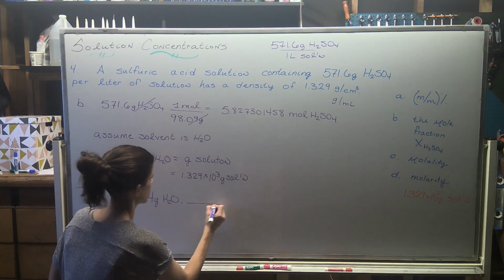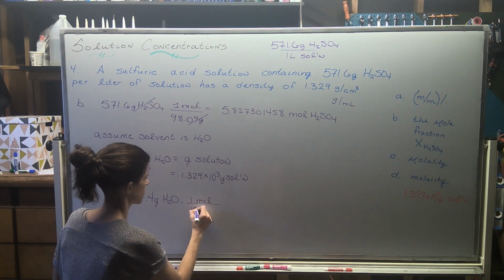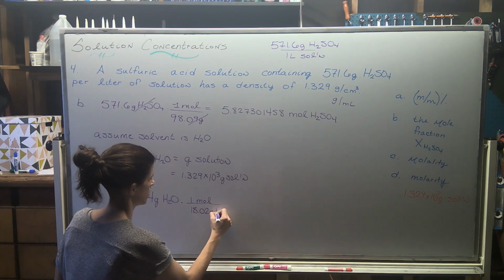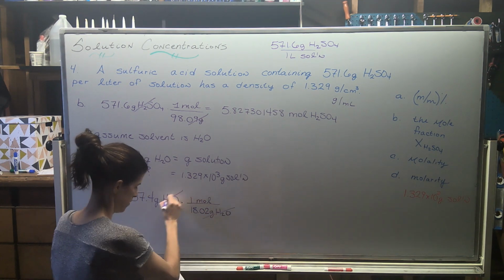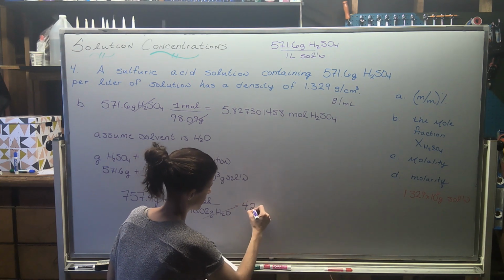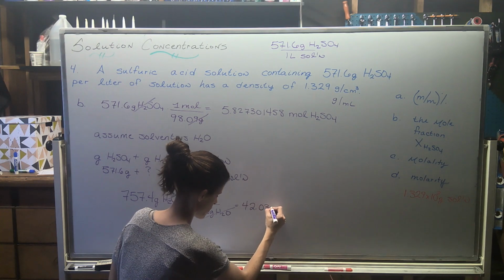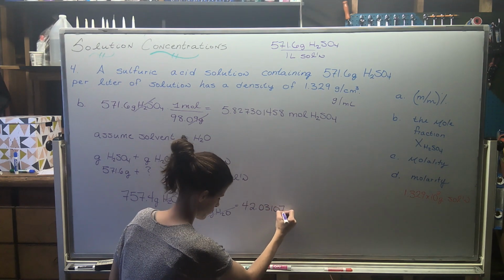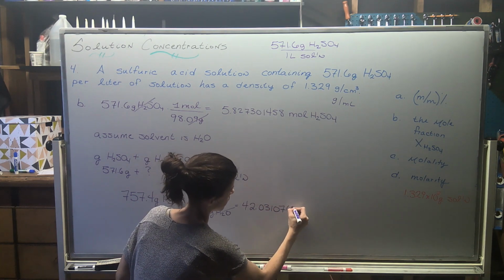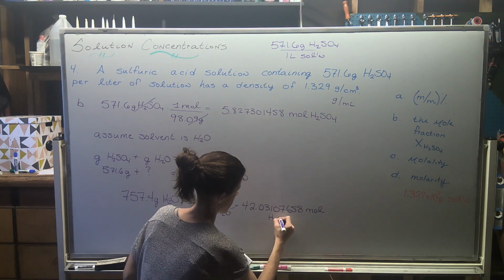It's a mole fraction problem, so I'm going to take it one step further and convert this into moles of water. When I do that, I get quite a large number, but that makes sense. It is the solvent. So 42.03107658 moles of water.